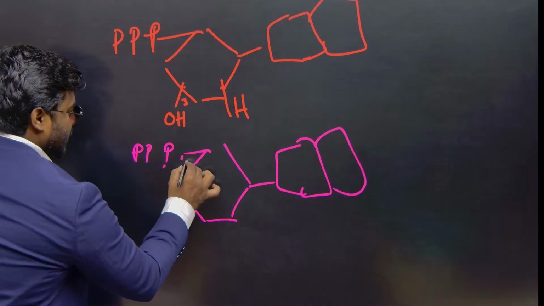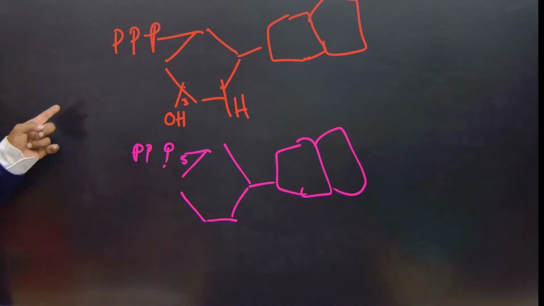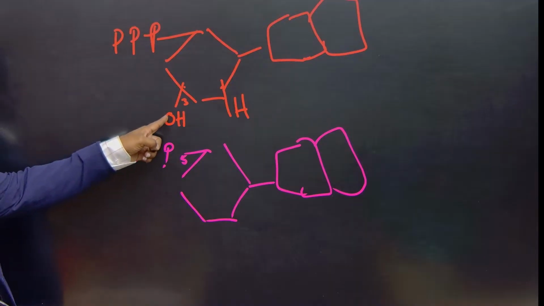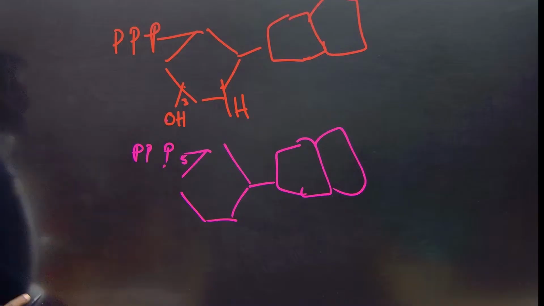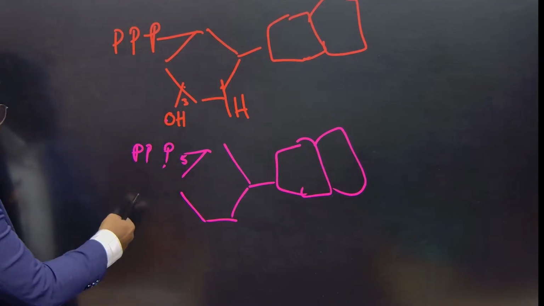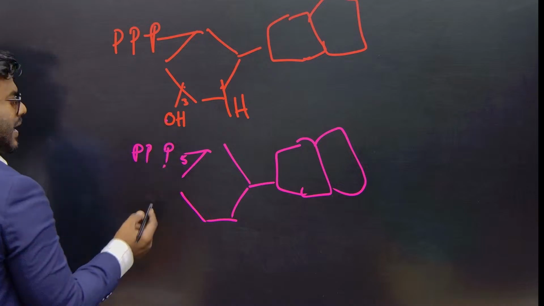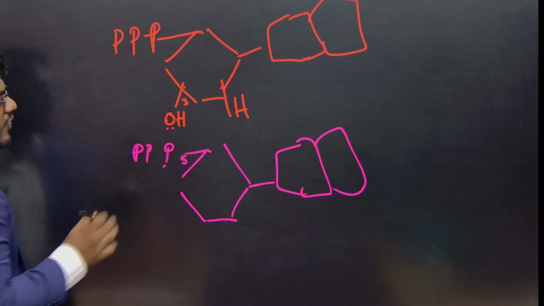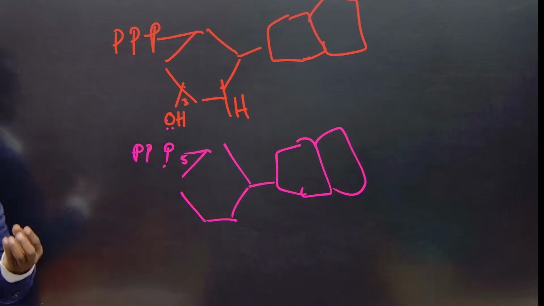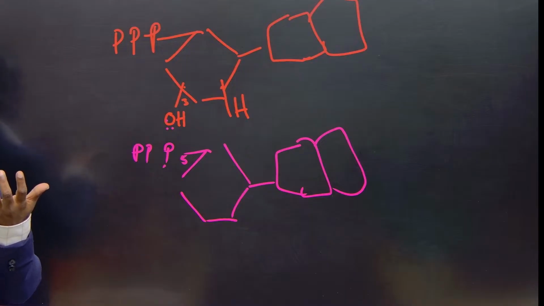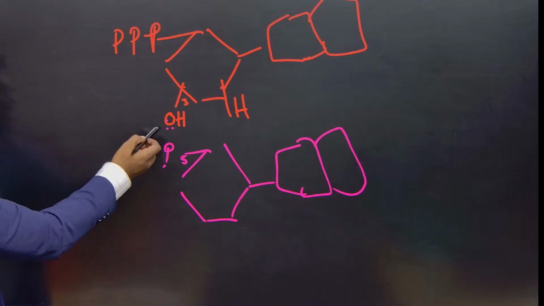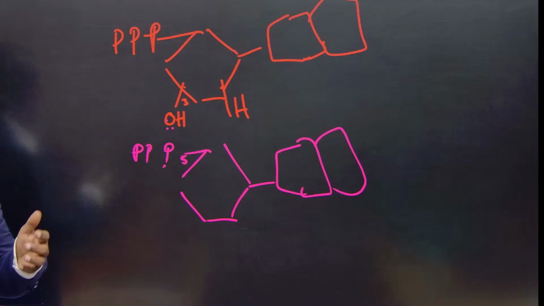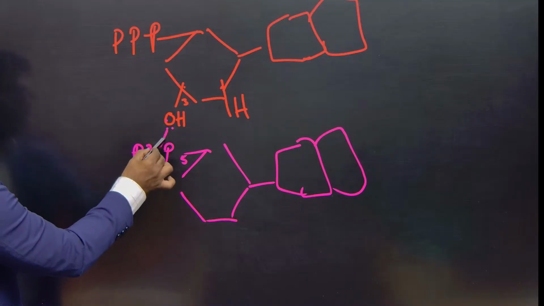Fifth position. Very correct. Now let's understand what a phosphodiester bond is. It is the bond formed between the OH group and the phosphate group. The third prime hydroxyl group contains oxygen, which has a lone pair of electrons and acts like a nucleophile. So oxygen nucleophilically attacks one phosphate.